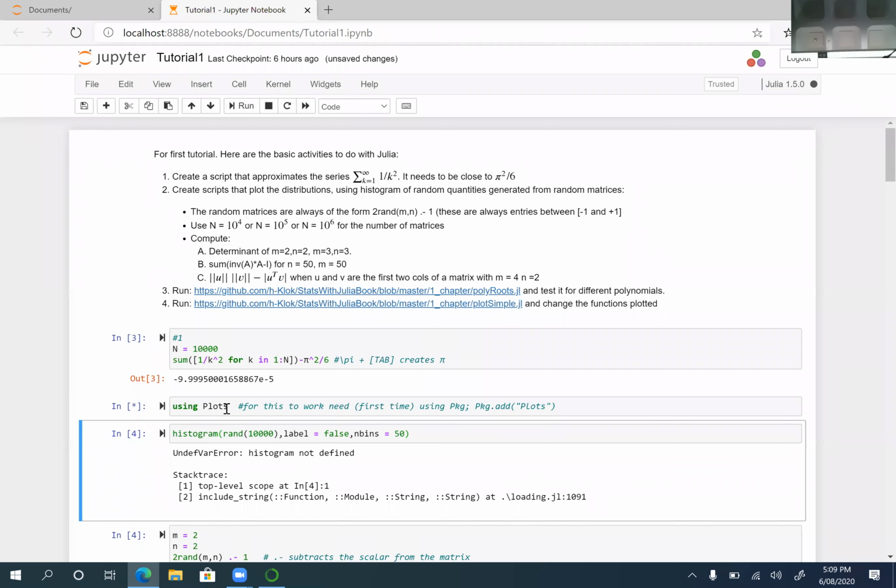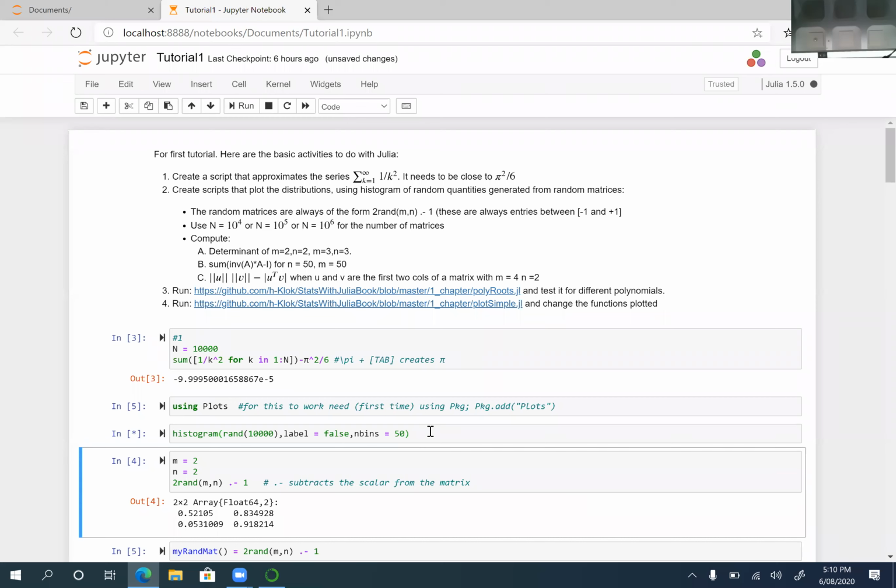Okay, it's taking a little while. And there it's done. Okay, so that should be good. I hope that I can now run a histogram. Let's see, shift enter. And that's running.